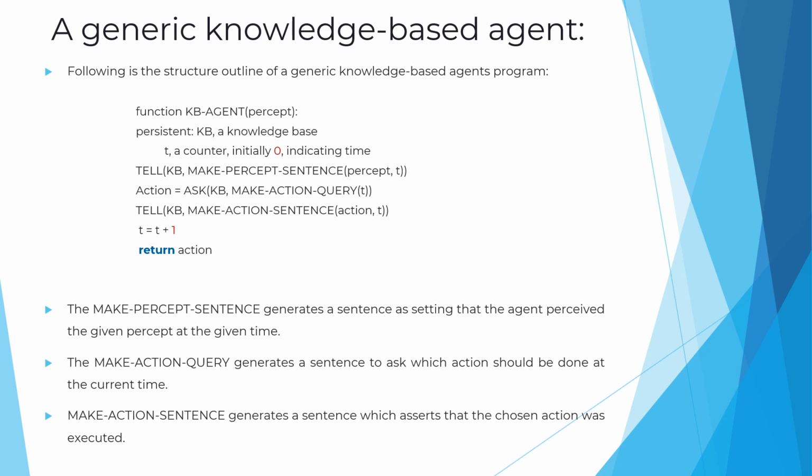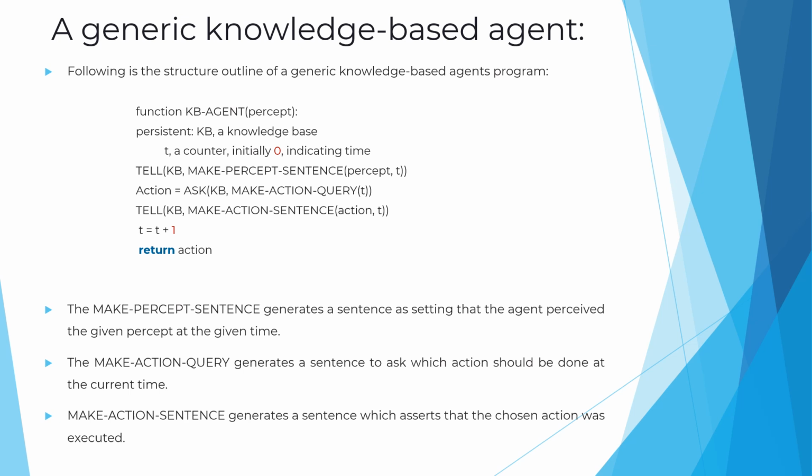Each time the function is called, it performs three operations. First, it tells the knowledge base what it perceives. Secondly, it asks the knowledge base what action it should take. Third, the agent program tells the knowledge base which action was chosen. Inside the tell operations, we have make percept sentence, which generates a sentence asserting that the agent perceived the given percept at the given time.